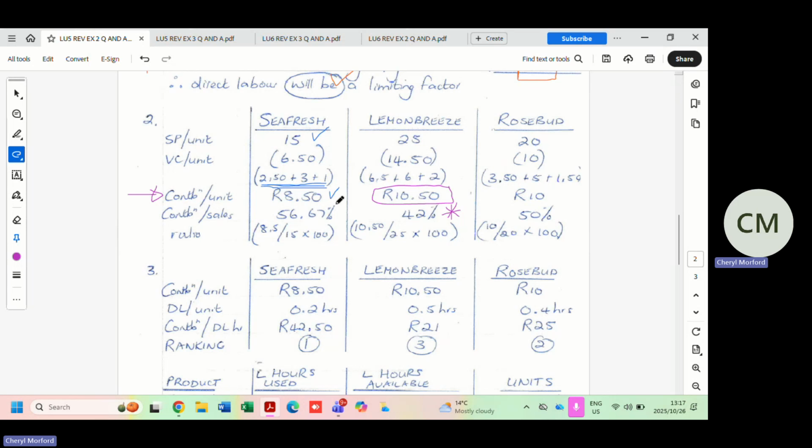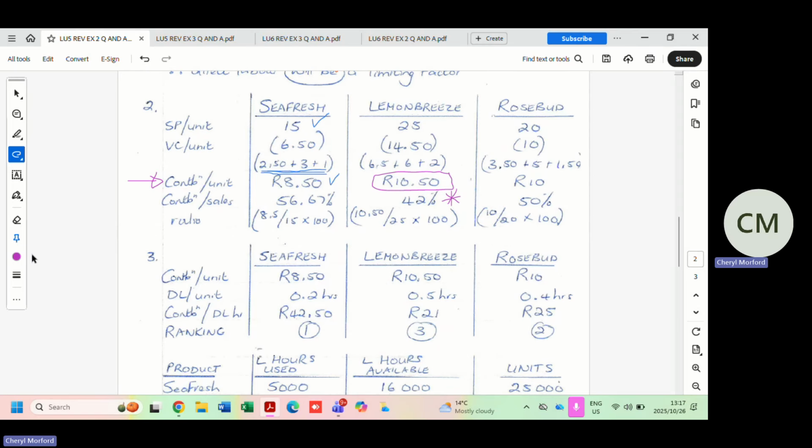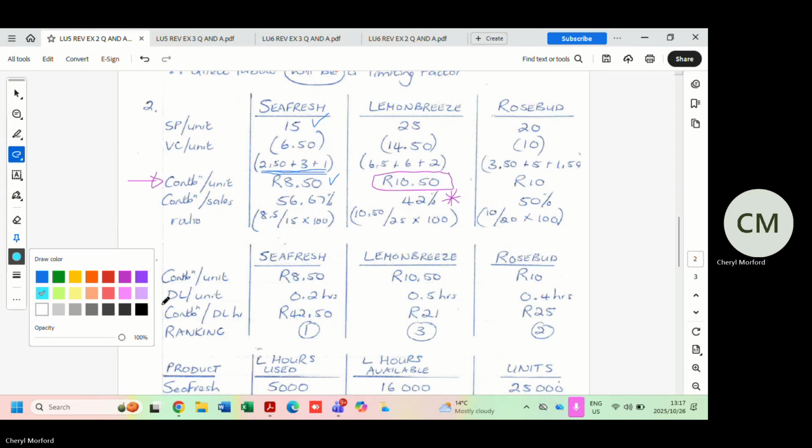But what we've not done here is taken into account how much of the labor time is used, and that could change the picture. So what we now need to do is work out the contribution per direct labor hour. This is the exceedingly important part.